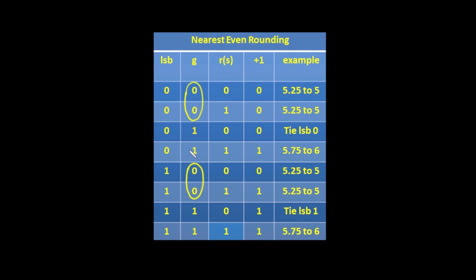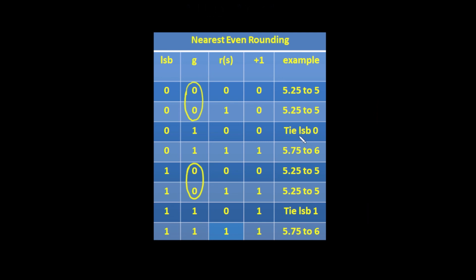Now the other option here, we could talk through this one here. So for example, if we had a 1 in the guard bit, then that would mean that we're actually halfway. And then if all of the rest of the sticky bits are 0, then it means that we're exactly halfway. So if we're exactly halfway, we're going to have a tie.